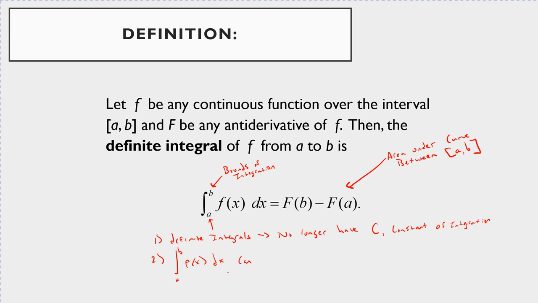Two, when you solve these integrals, they can be less than 0. I know what you're saying: this F of b minus F of a is supposed to be area, so how can area be negative? What this means is, if you were to sketch the graph of some function that looked like this, and you wanted to find the integral from a to b, here's a and here's b.